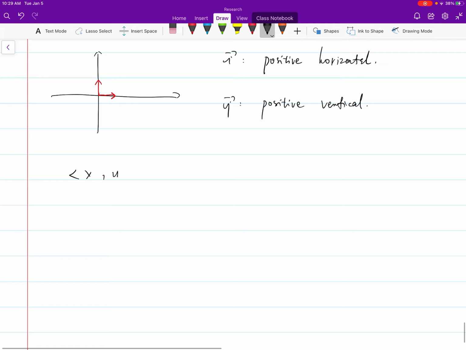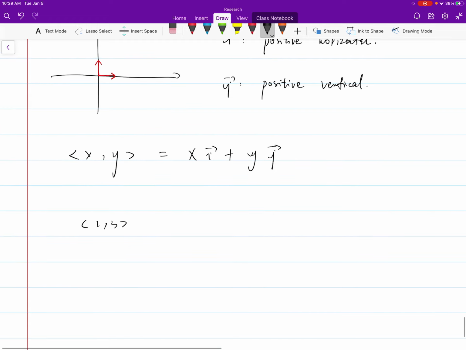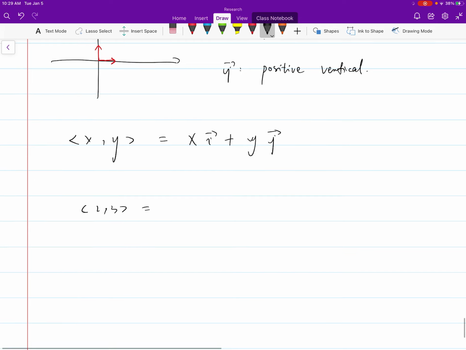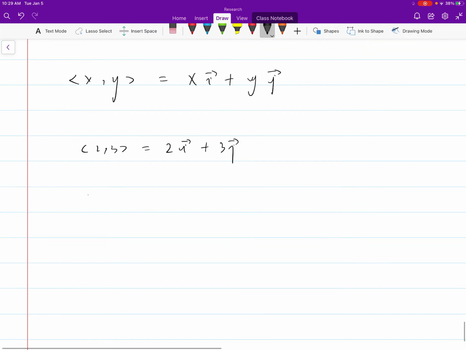Therefore, any vector which is given by (x, y) can be decomposed into the horizontal component plus the vertical component. Which means if you have (2, 3), what you should really think about is this means go 2 in the horizontal direction and go 3 in the vertical direction.